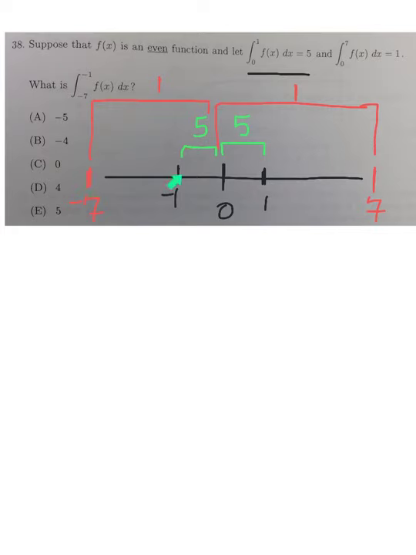The answer would be choice B, -4. Because like I just said over here, we'd have an area of -4 here, because 5 plus -4 would give me that 1. The same thing holds over here: 5 plus -4 will give me that 1. So the answer is choice B.